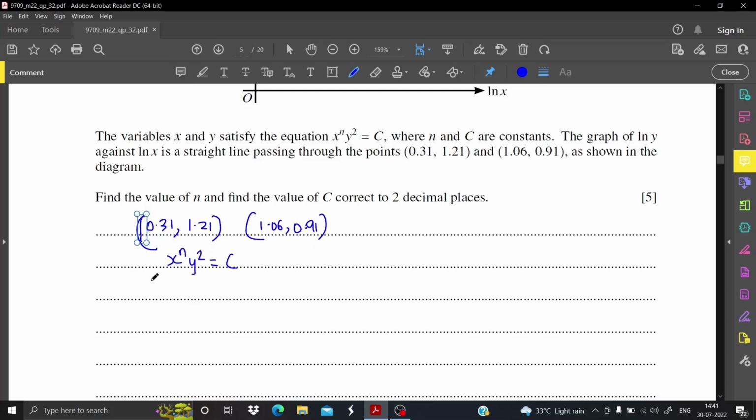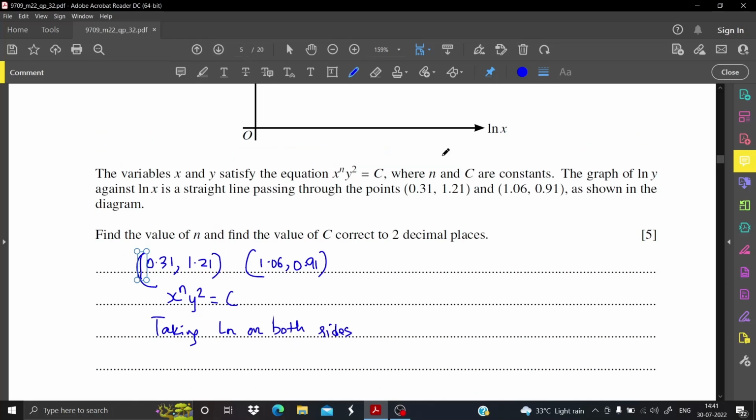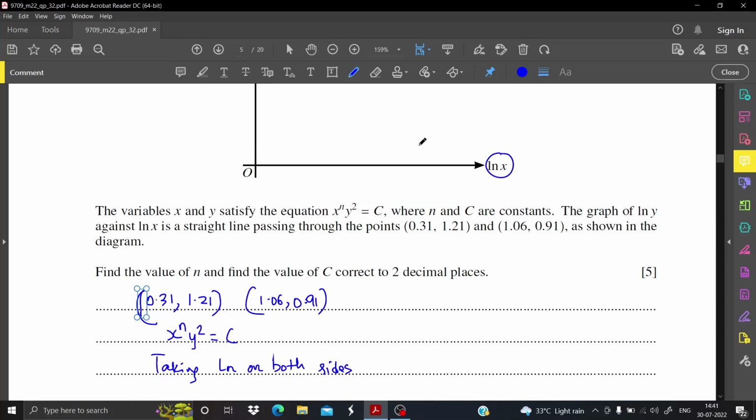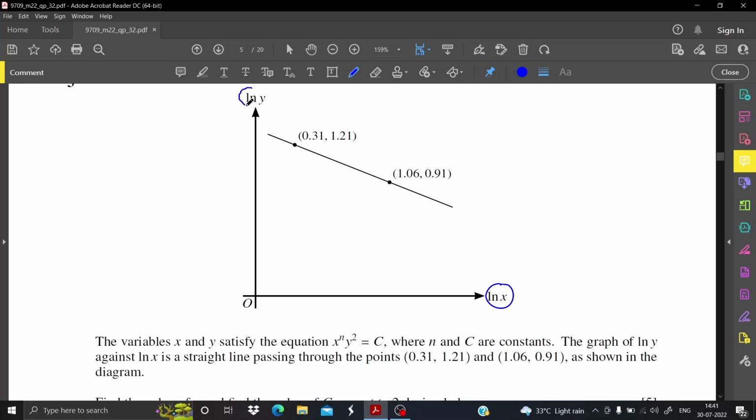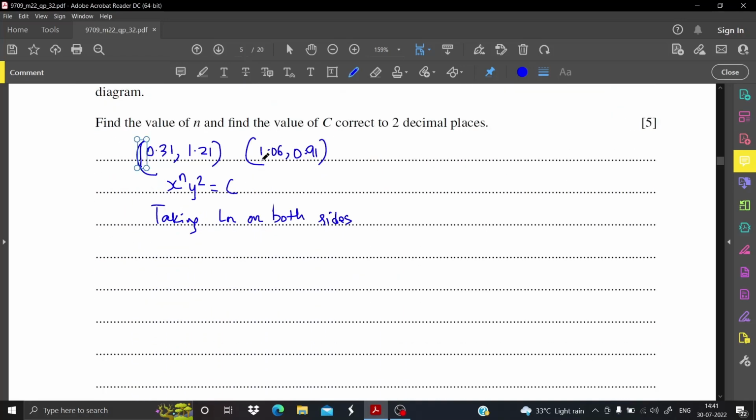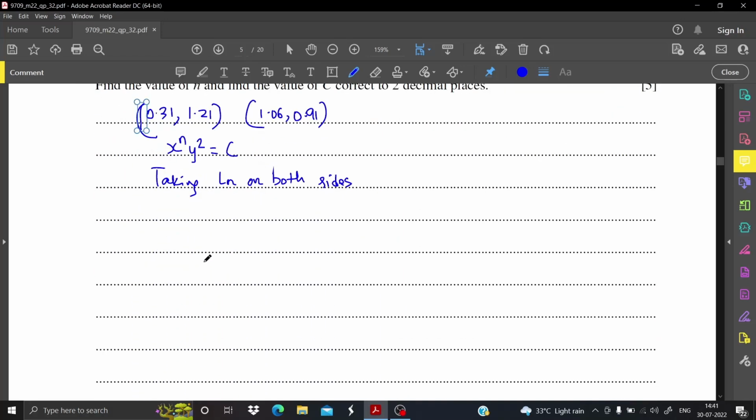So taking log on both sides. Please do not use log, because it's already been instructed that we are supposed to use the natural log. So we should be cautious on that.